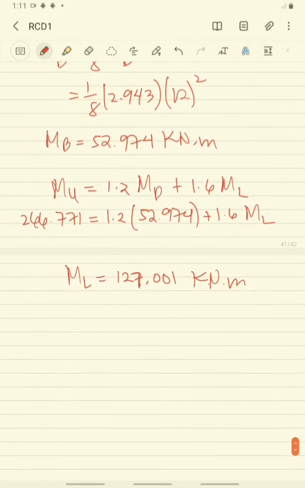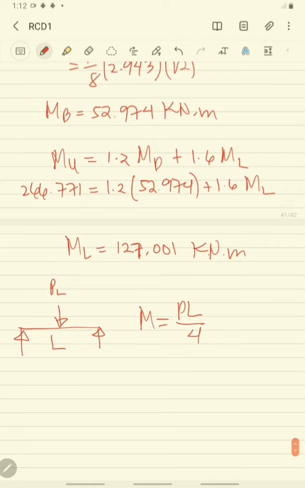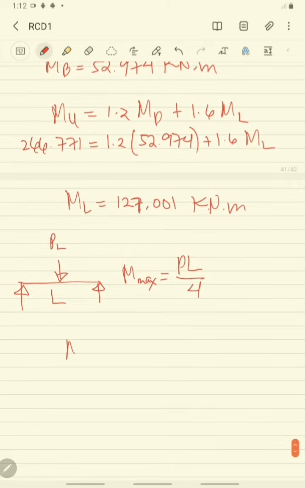Since the live load is assumed to be at midspan, the maximum moment for this is equal to PL over 4. So the moment due to live load is P times L over 4.